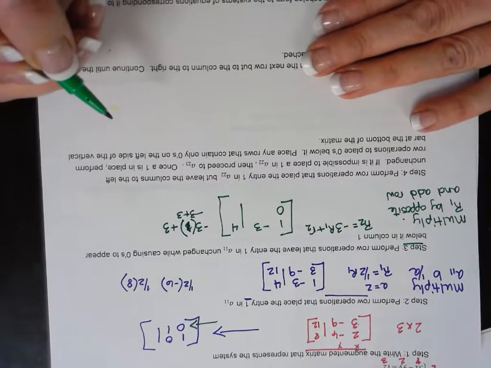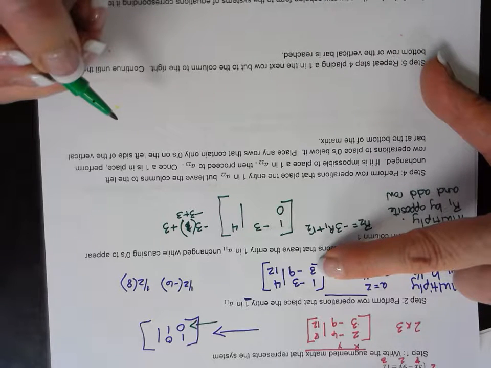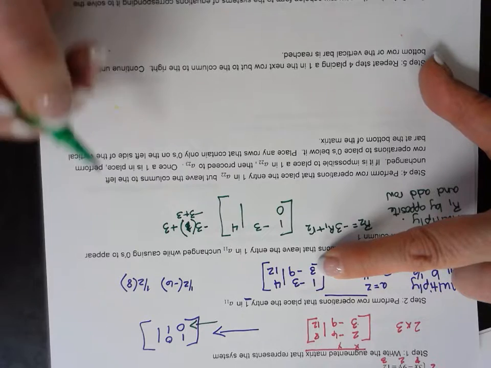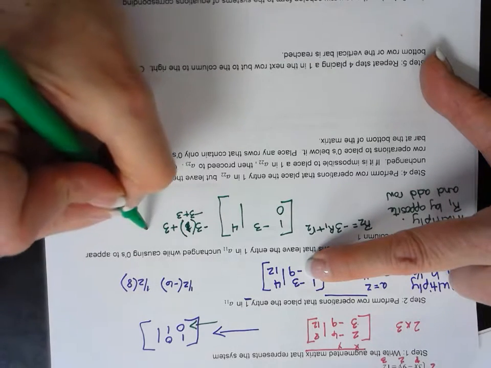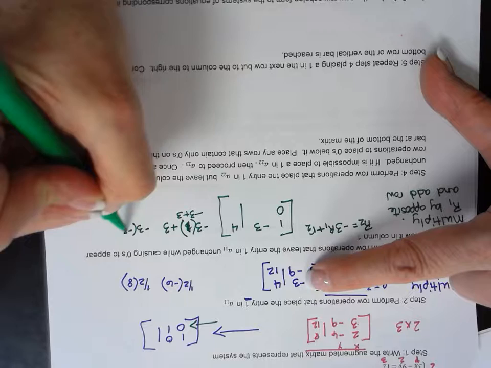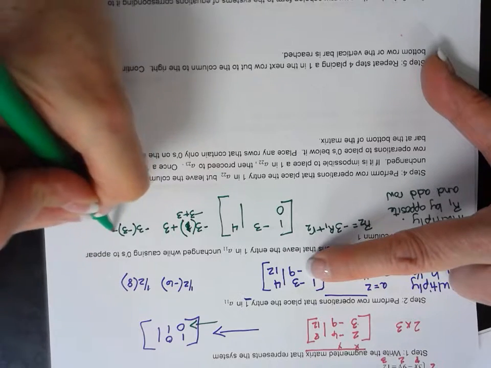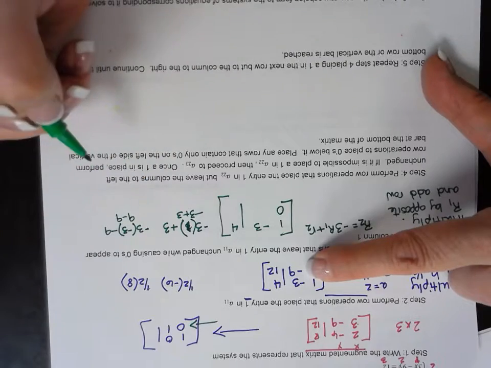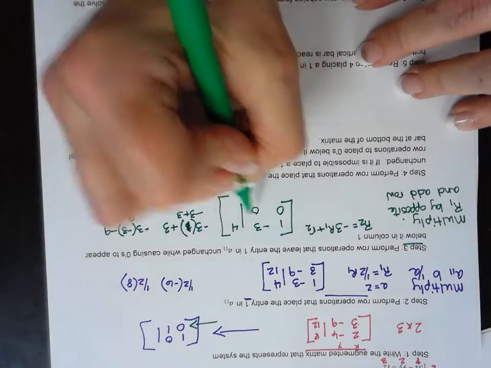Where's the row 2 at? Row 2 is going to be my 3, negative 9, 12. Okay? So for my second element, I'm going to have negative 3 times row 1 of negative 3 and minus 9. So I get 9 minus 9.